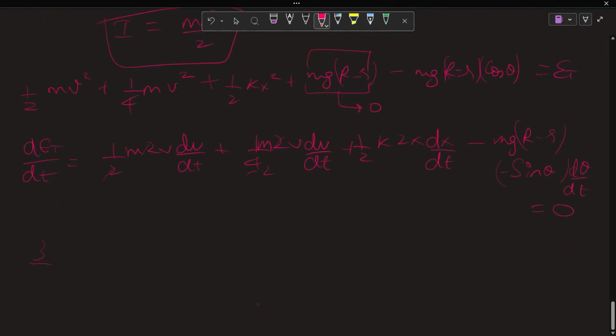This becomes 3 by 2 mva plus kxv plus mg(R minus r) sin theta into d theta by dt, which is basically omega, is equal to 0.